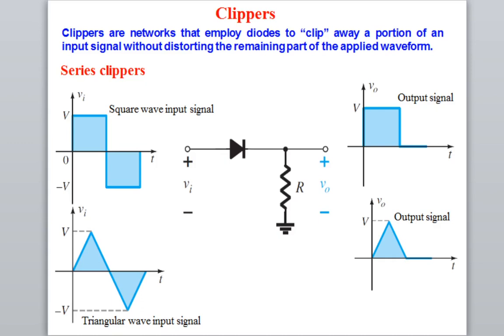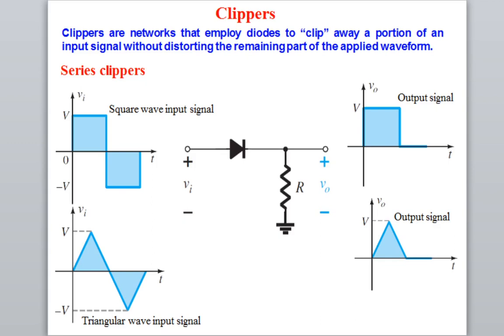It means in a clipper we also have to use a diode, because we are learning the application of diode. A clipper is an electrical network where a diode is applied, and given an input, you have to cut one portion of the given input signal. So that is basically a clipper.